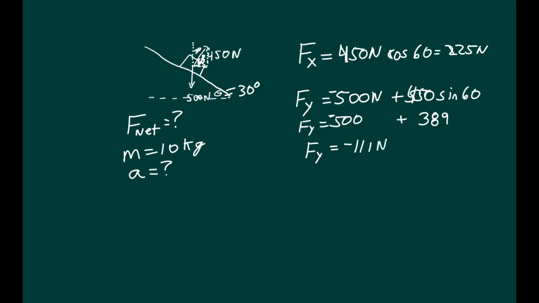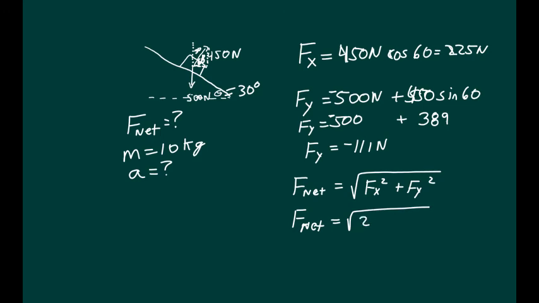So to find the net force, I would use Pythagoras again, the square root of fx squared plus fy squared. Square root of 225 squared plus negative 111 squared. And that will give me the net force here.